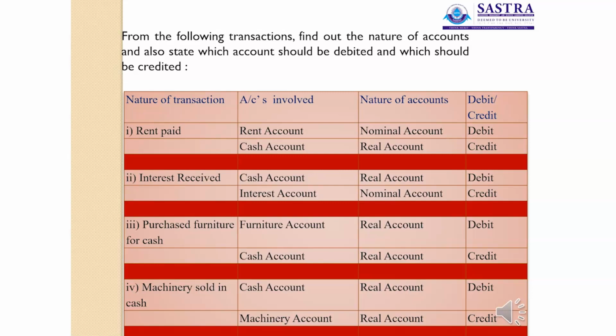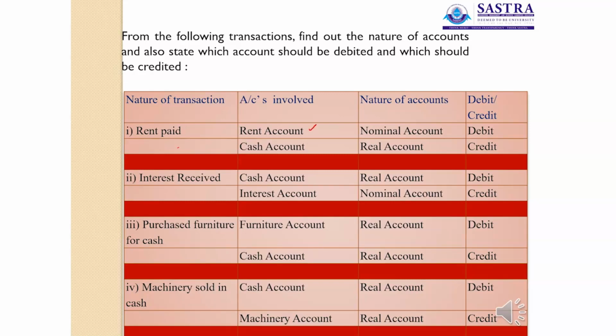Here first one is nature of transaction. First transaction is rent paid. What are the accounts involved here? Rent paid by cash. So what are the accounts involved here? One is rent account and another one is cash account.